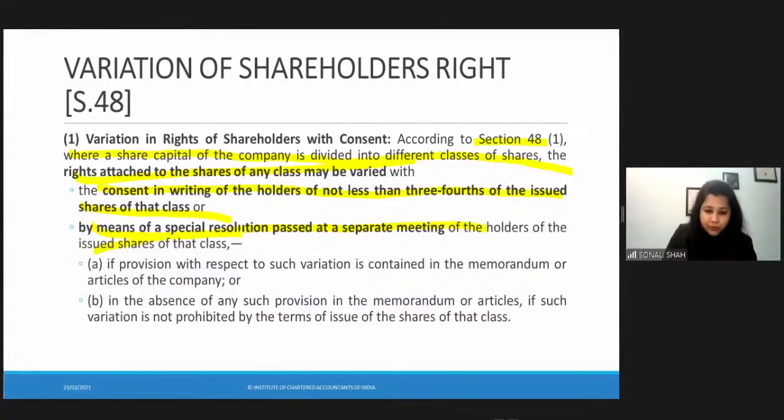Now, if provision with respect to such variation is contained in the memorandum or articles, that means there has to be authorization available in the memorandum or articles, or where there is no authorization in the memorandum or articles, the variation should not be prohibited by the terms of issue of the shares of that class.